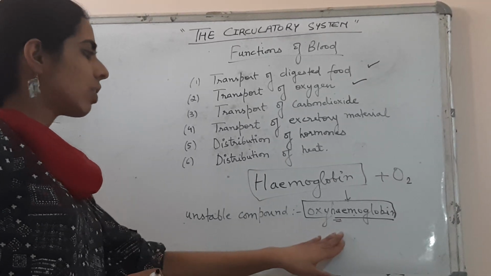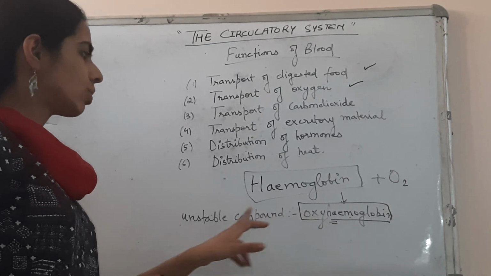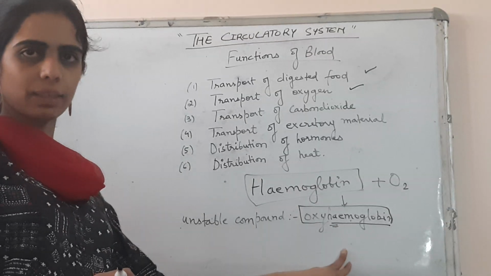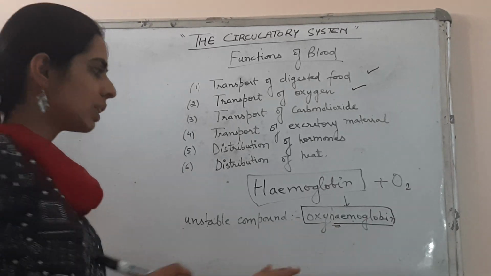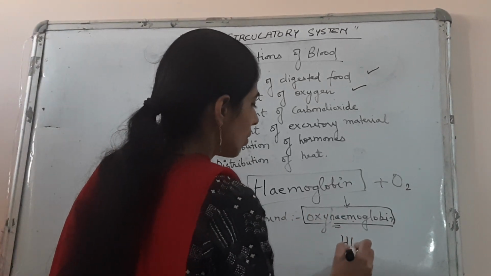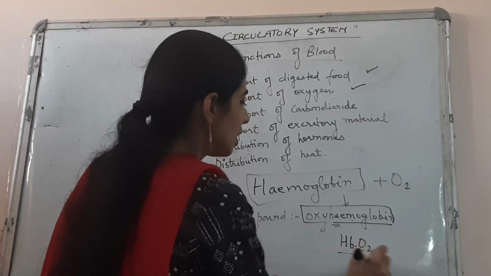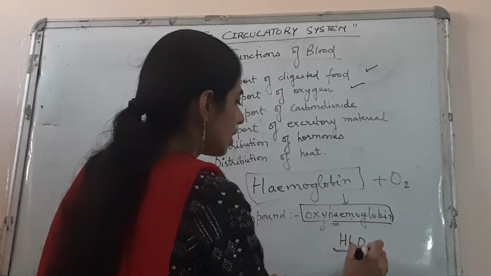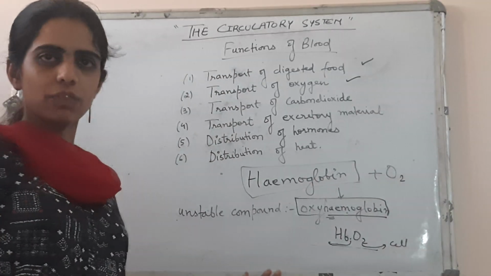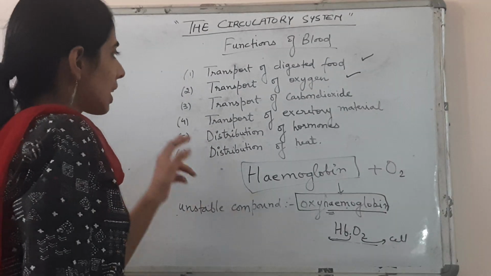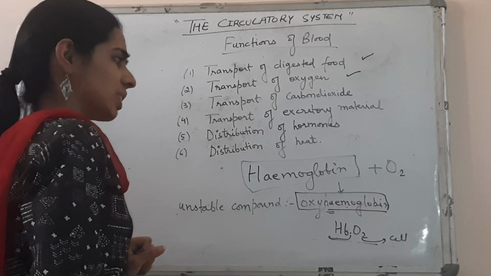Because this is an unstable compound, this makes the function easier, because oxygen easily gets detached from the hemoglobin. Now this has become Hb.O2. This Hb will get separated, O2 will be given to the cell, and our work will be done. Okay.